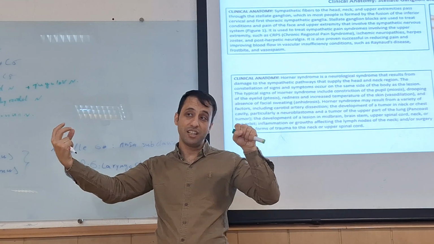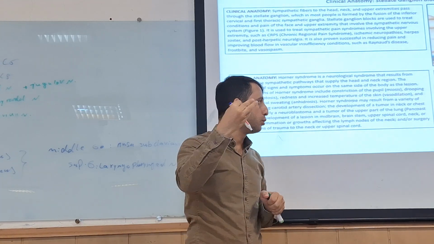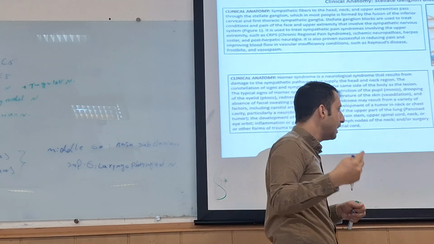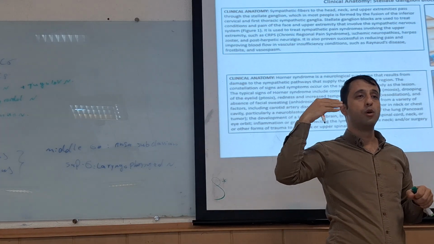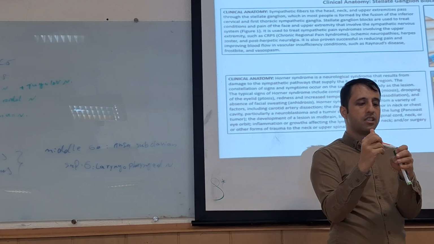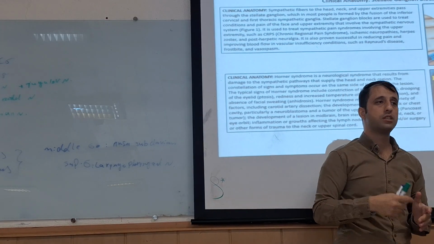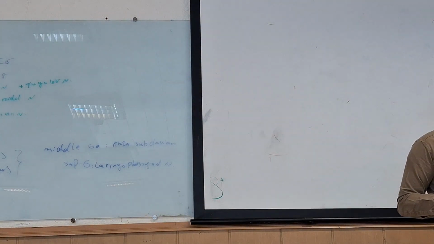Enophthalmos. Yes, we have enophthalmos. Enophthalmos, anhidrosis, ptosis, and miosis are the four signs of Horner syndrome. Horner syndrome is any injury to a sympathetic ganglion or sympathetic fiber in the cervical area. Okay?